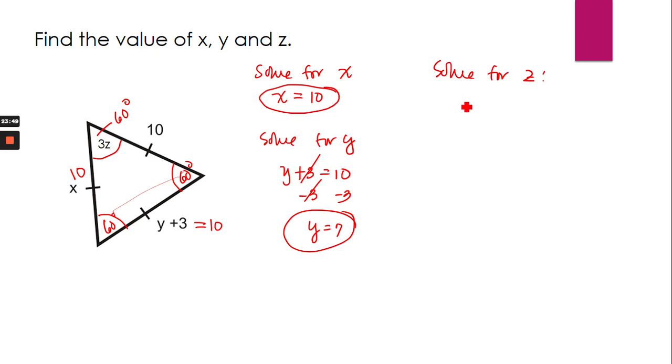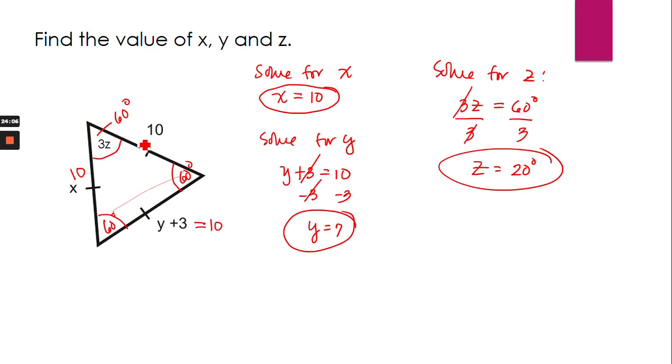The equation will be 3z is equal to 60 degrees, right? Because this is equal to 60. So divide both sides by 3. z is equal to 20. So to check, 3z, 3 times 20 is equal to 60.